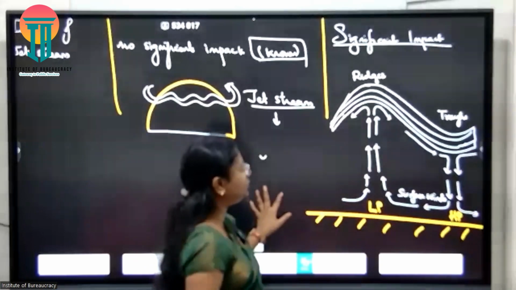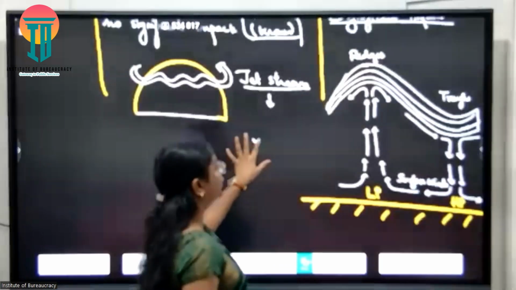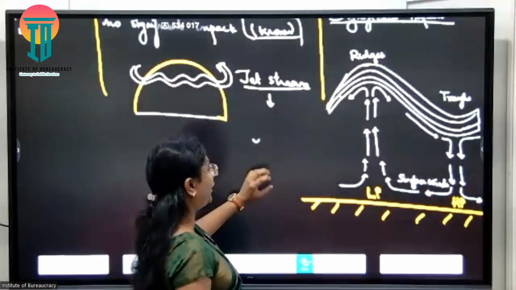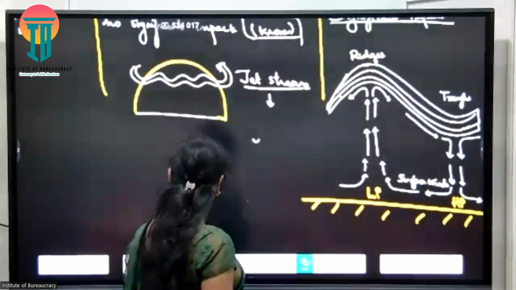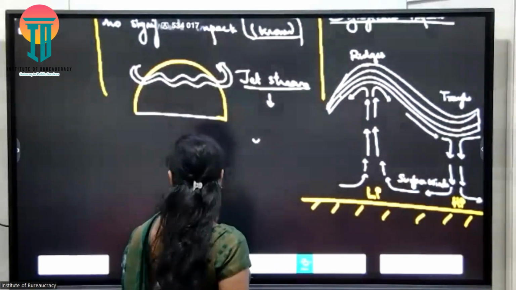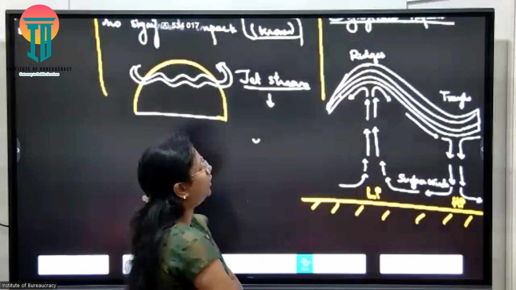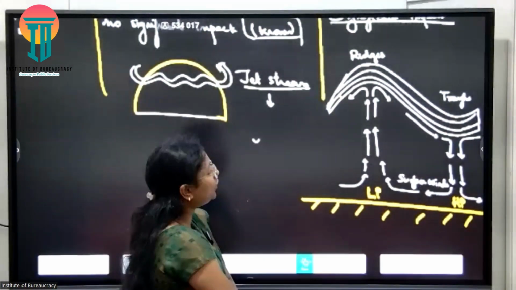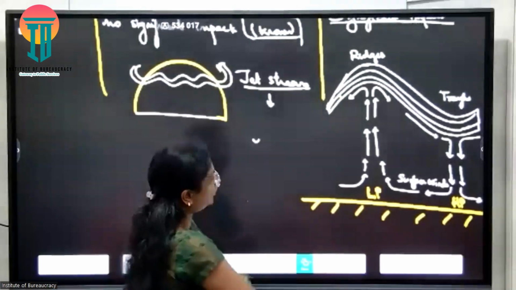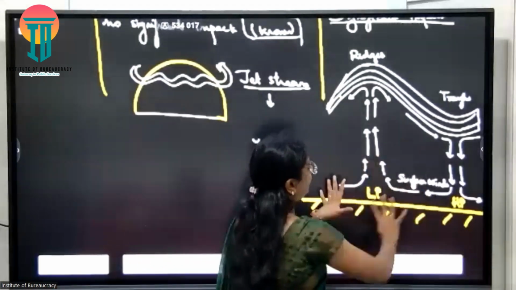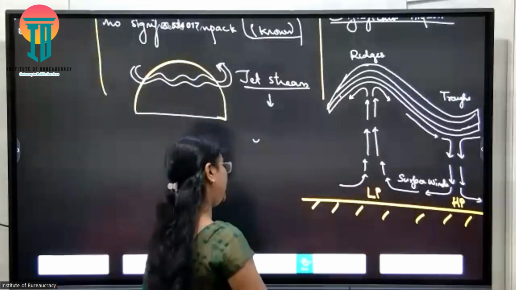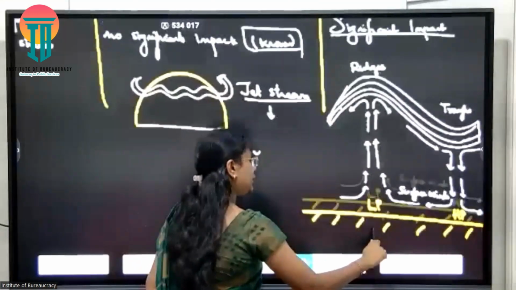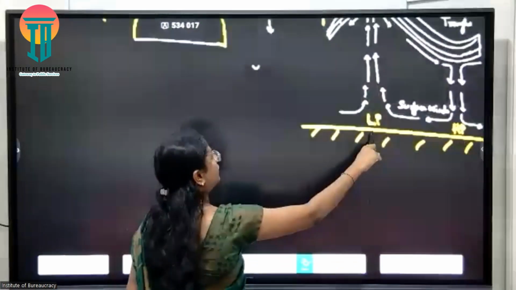Now we're going to understand this with the help of my atmospheric condition. If there is a low pressure system, what is it called? Cyclonic conditions, right? So ridges of a jet stream induce cyclonic condition or convergence of wind. Temperate cyclone formation is this, right? So this is my cyclonic condition.